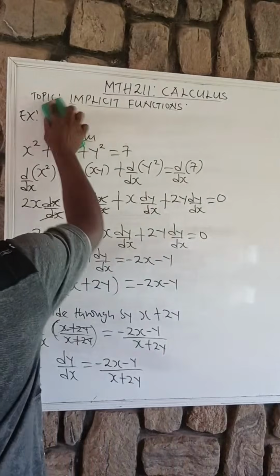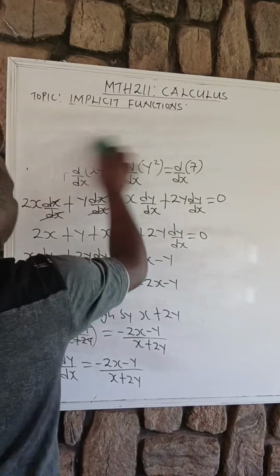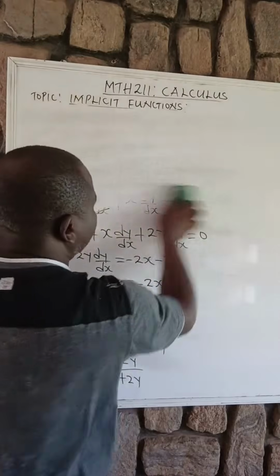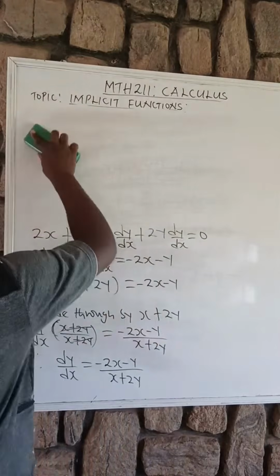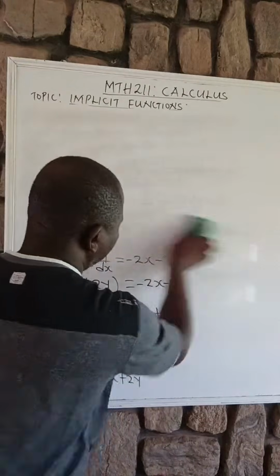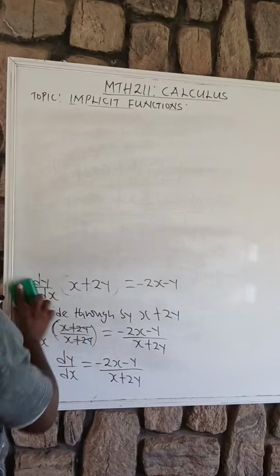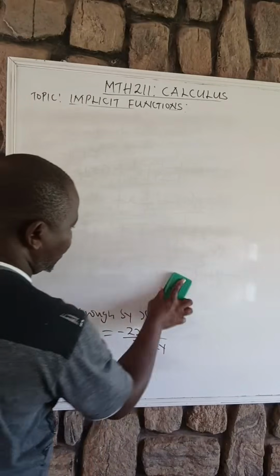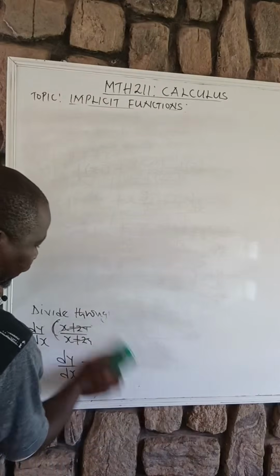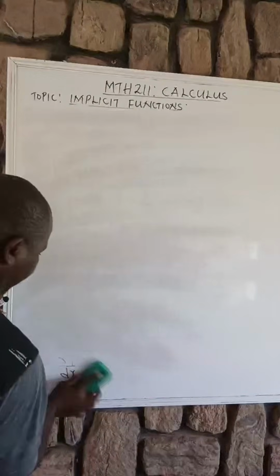Those of you that don't understand, when I come to class, I will explain it better. Then you go back to the video to learn more so that you don't forget. Is that clear?